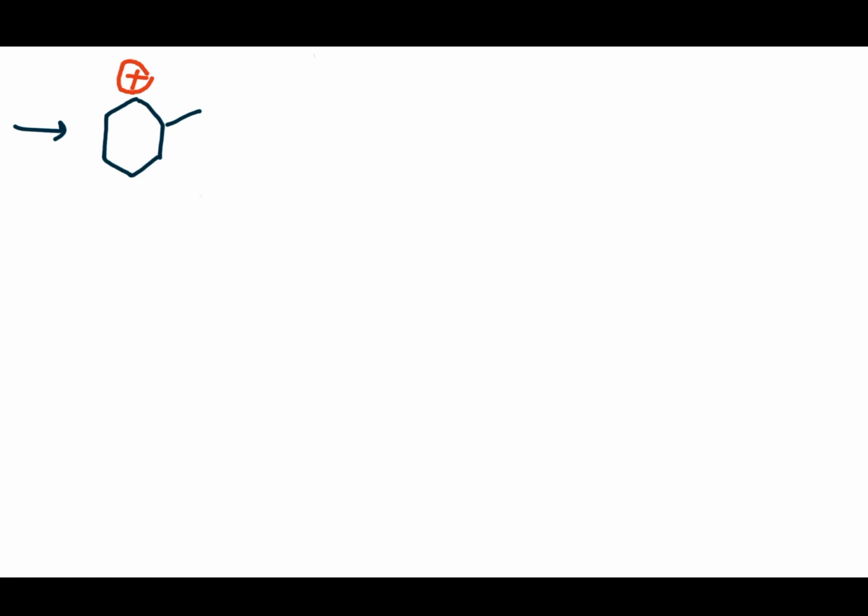Okay, now after the ring expansion, you may be tempted to attack that cation with the water, but this is where people get messed up, because this carbon is more substituted than the other.